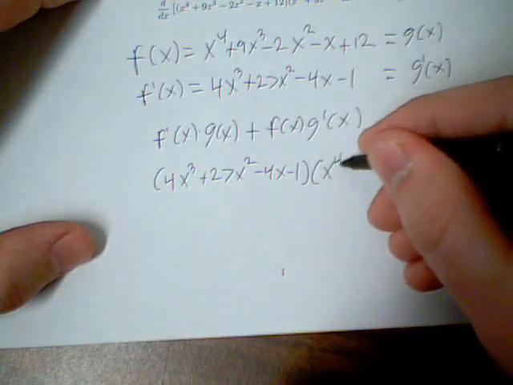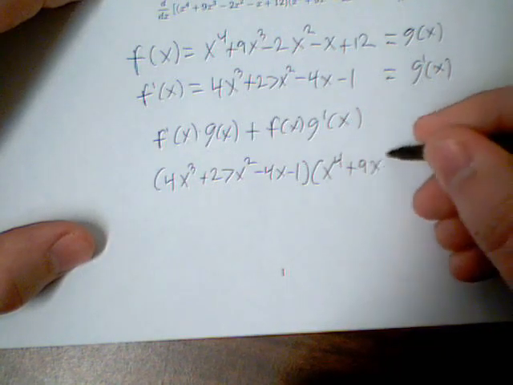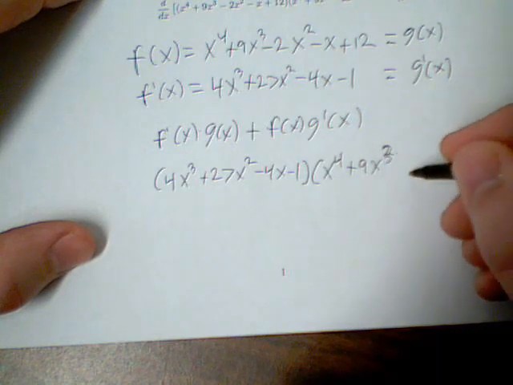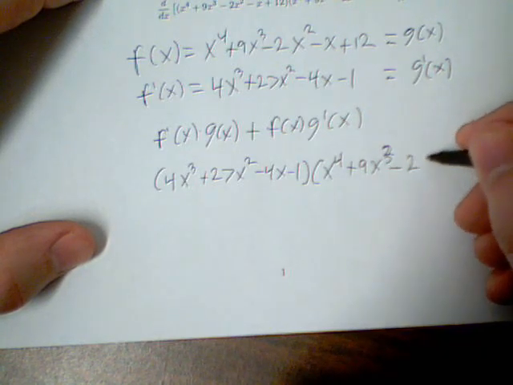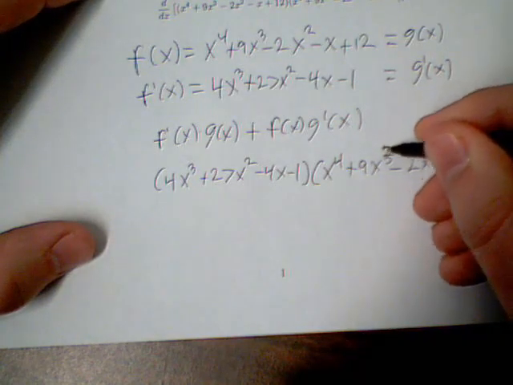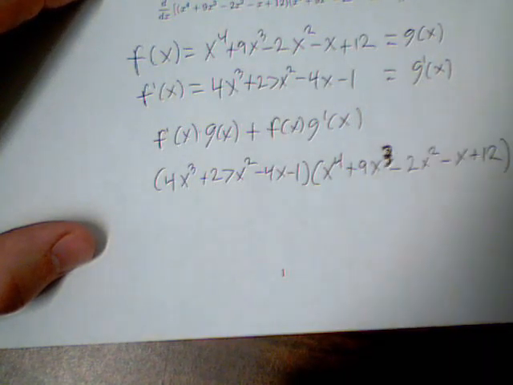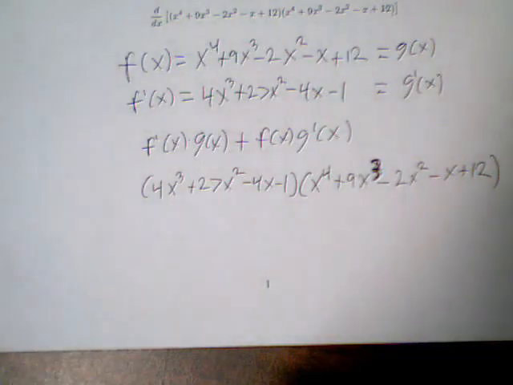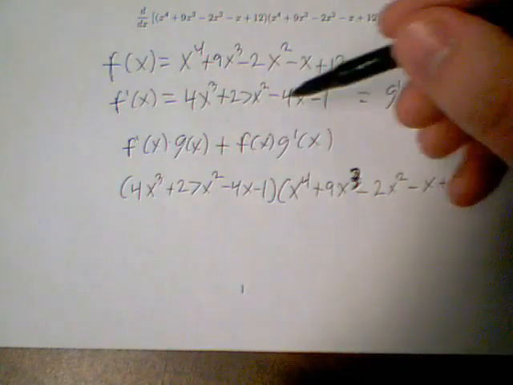So x to the 4th plus 9x cubed minus 2x squared minus x plus 12. Okay, so that's this first term here.